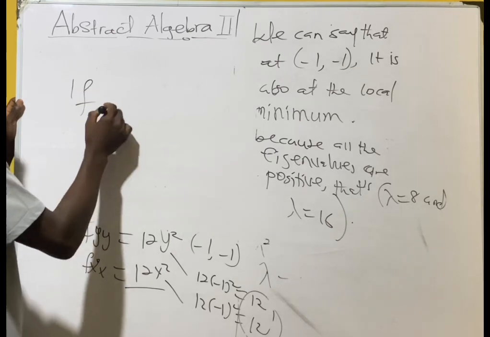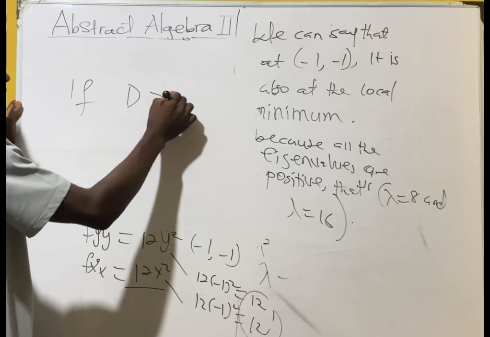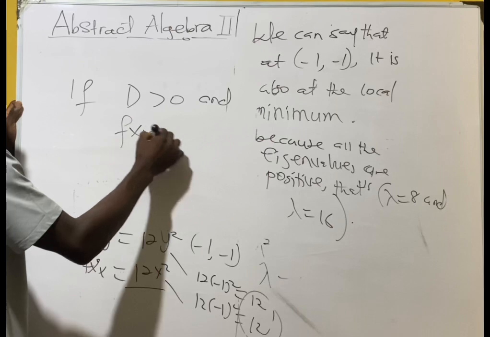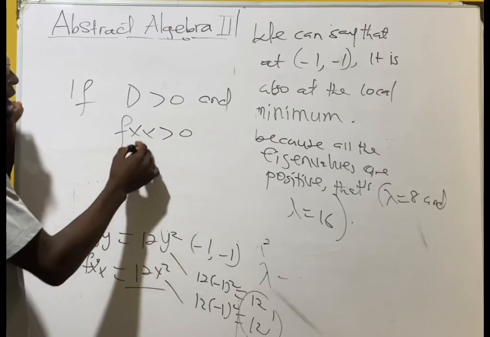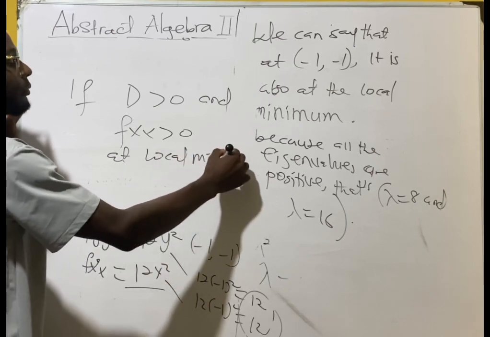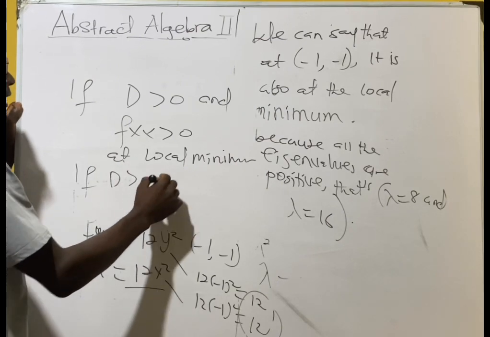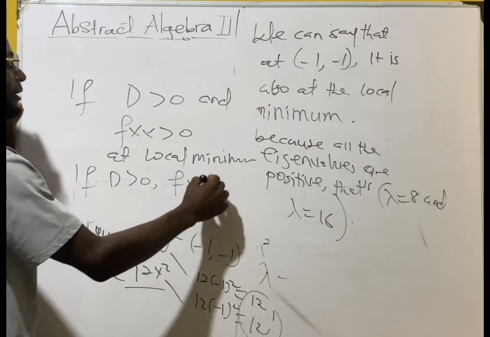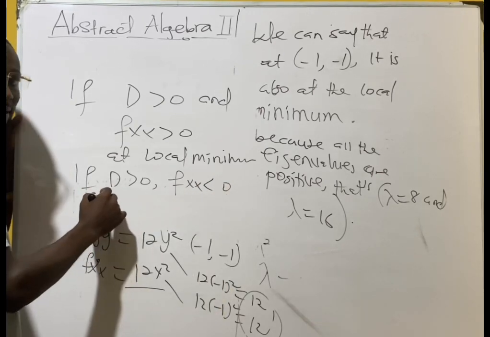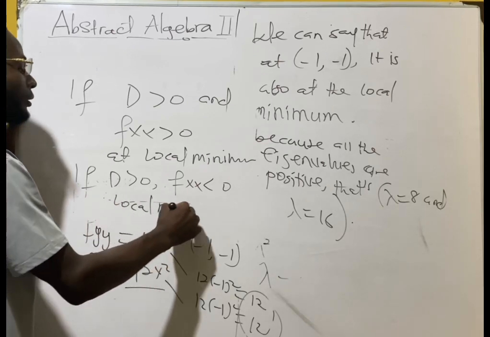If you find the determinant of your Hessian matrix and it's greater than 0, and also fxx is greater than 0, then you can say that it is at a local minimum. And if the determinant is greater than 0 and fxx is less than 0, then you can say that it is at a local maximum.